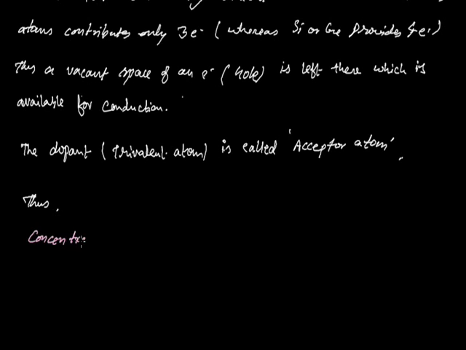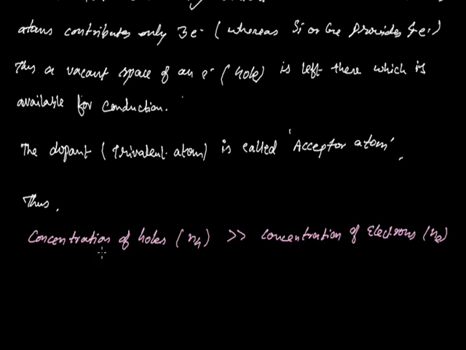Thus the concentration of holes, np, is much greater than the concentration of electrons, because the holes are provided due to the trivalent dopant atoms and also due to the pure semiconducting atoms, whereas the electrons are provided only due to the pure semiconducting material. So definitely the number of holes in the valence band will be more than the number of free electrons in the conduction band.